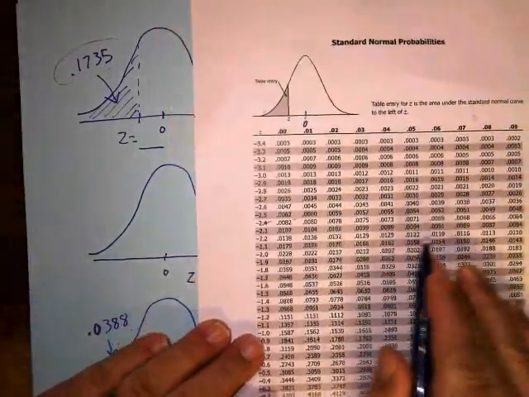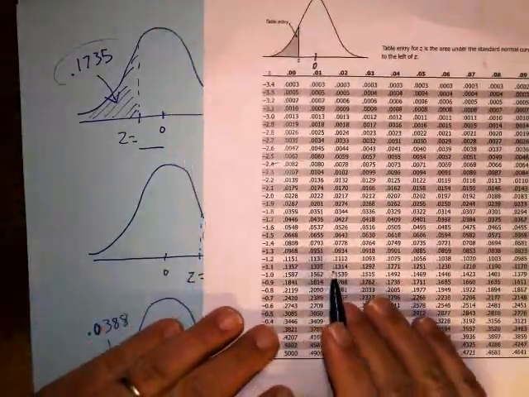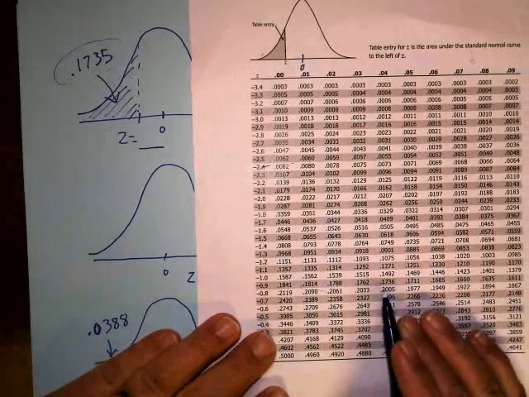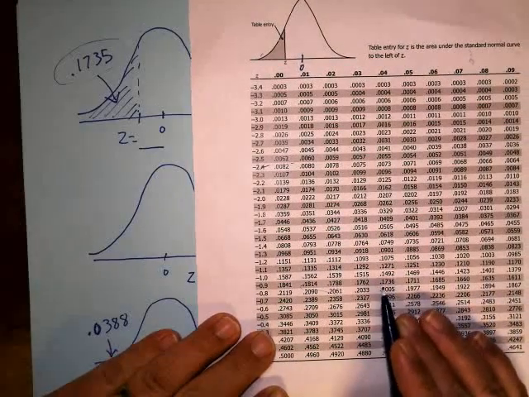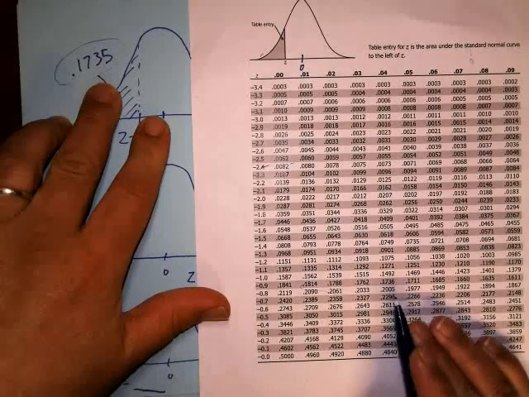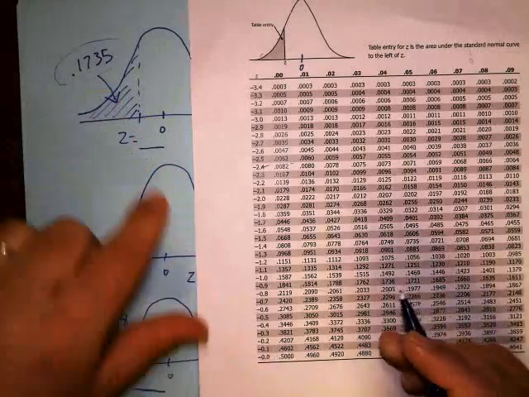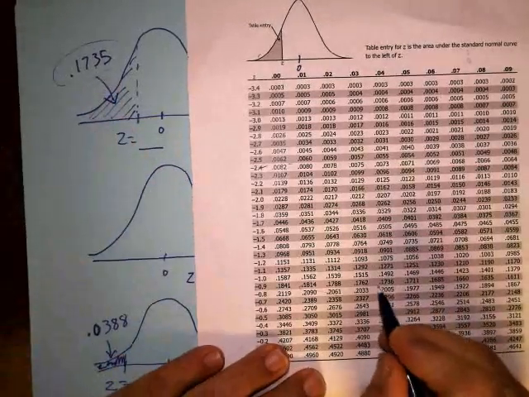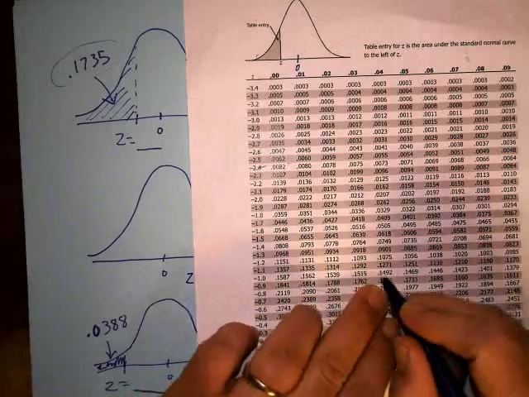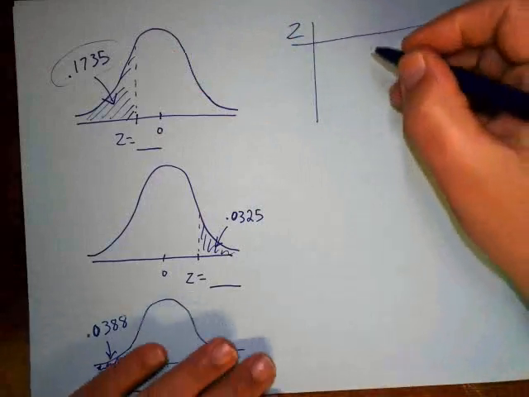So I go on the negative side of the table and I'm looking for the one that comes closest, 1.7, and then I see 0.1736, and that is very close to this. It's off by just 1/10,000th. And so I go over here, I have a negative 0.9, up here 0.04. Okay, so let me show you.